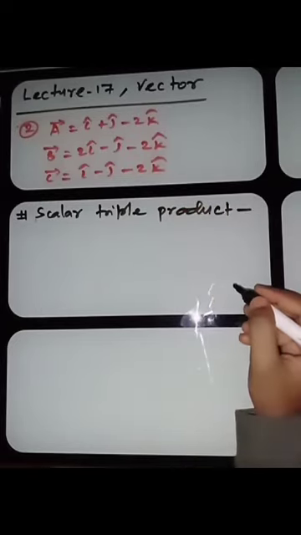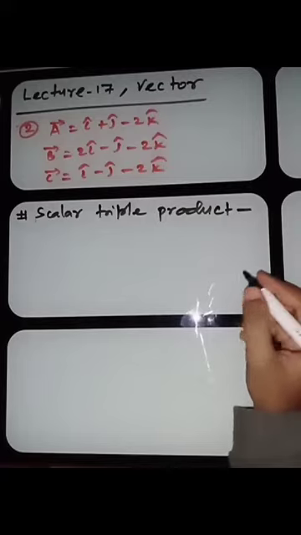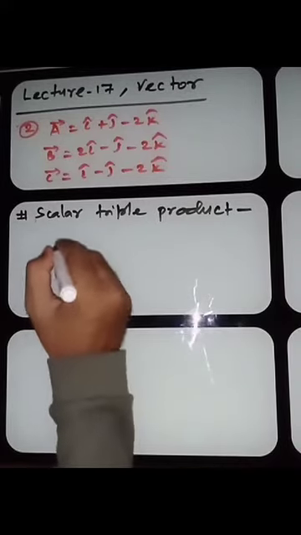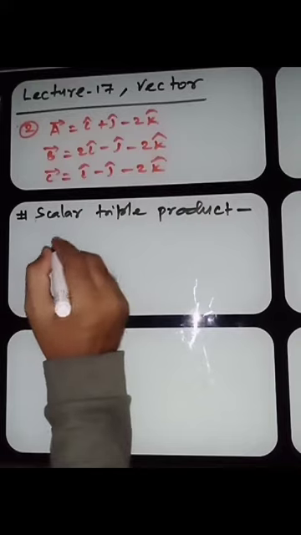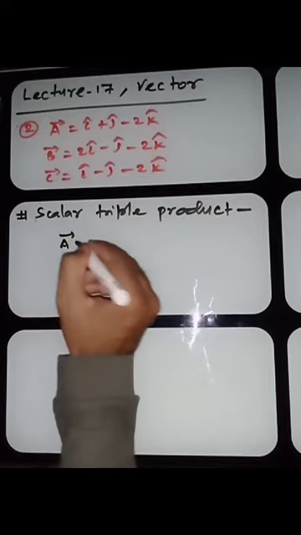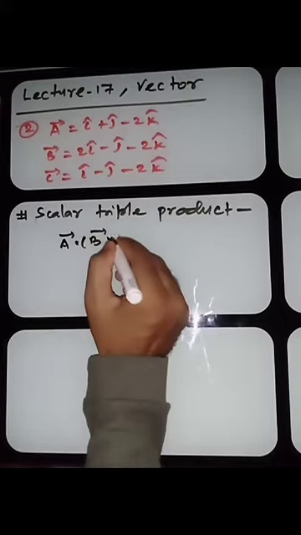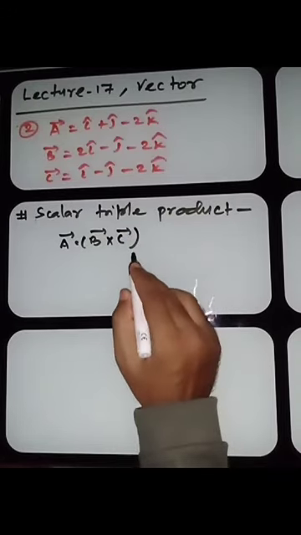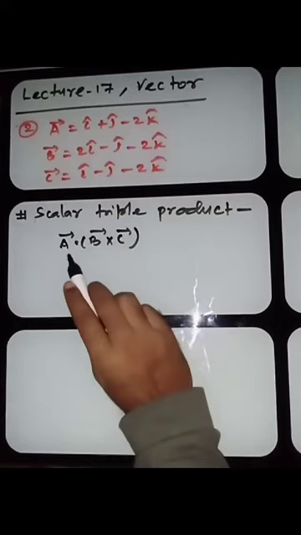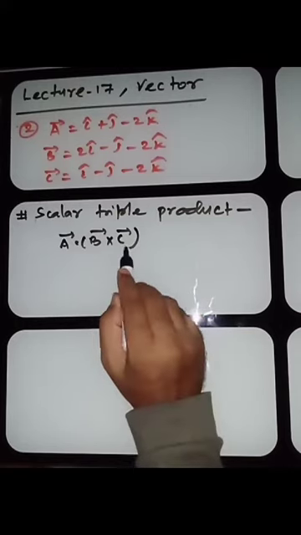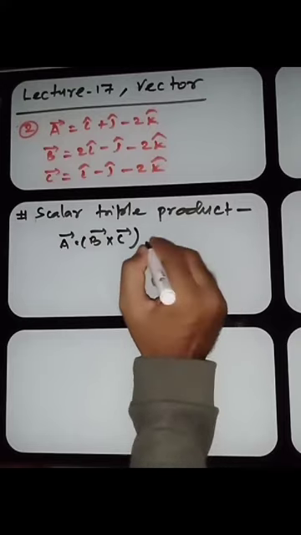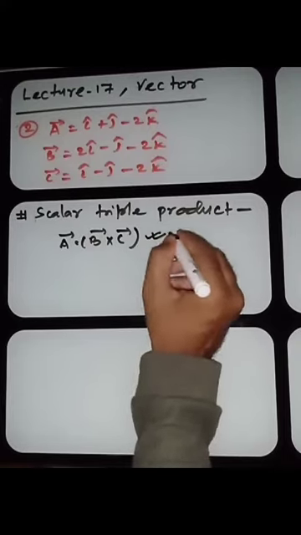Suppose you have to find A dot B cross C. All right, and this is called the scalar triple product, A dot B cross C. These are the three vectors. This is the scalar triple product.